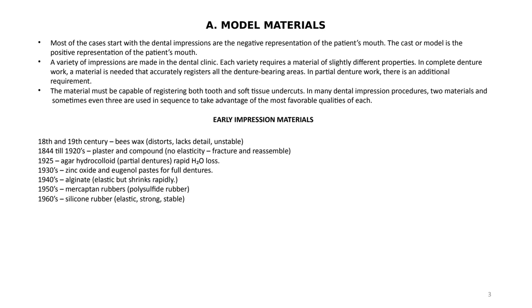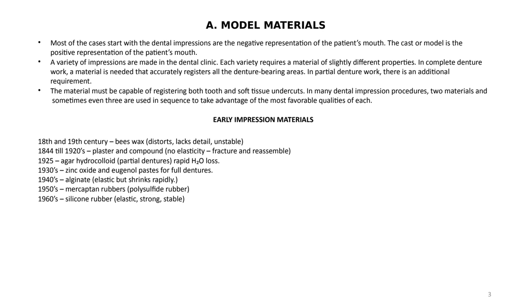In 1925, agar hydrocolloid was used for partial dentures. The only problem with the agar hydrocolloid, it means it's a material that likes water, likes to be wet. For instance, the alginate material, this is the mostly used material for taking preliminary impressions.